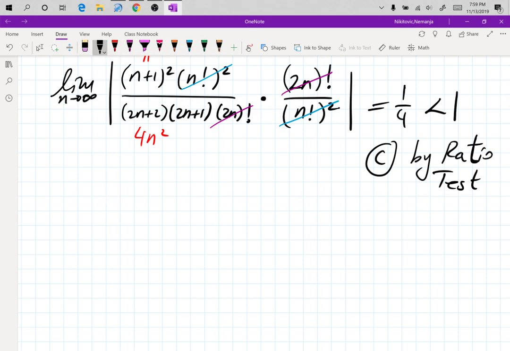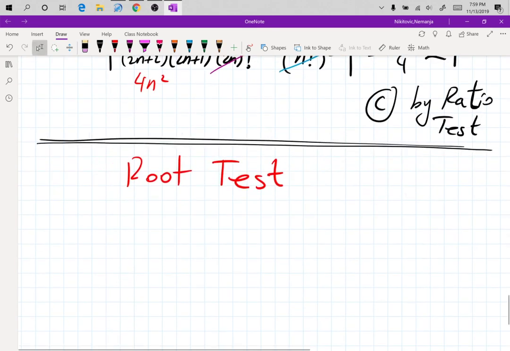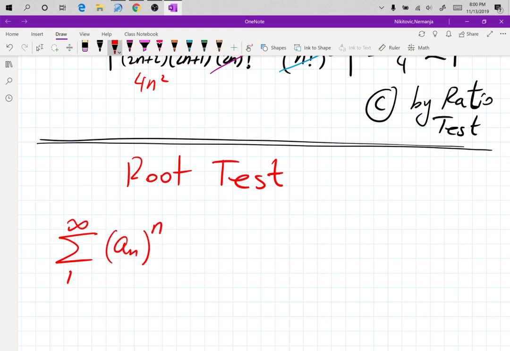The next test, and the last test we learn in chapter 10, is the root test. Test number 10. Root test. And you will use this test when your a_n is raised to the nth power. So the problem will look like this. Let's say sum from 1 to infinity of a_n, everything raised to the n.